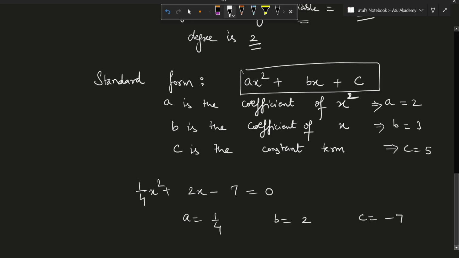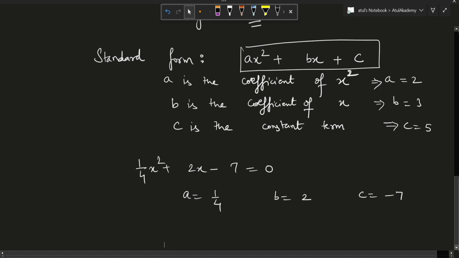What exactly is the relationship between these zeros and the coefficients? The problem that we discussed to find the zero was a linear polynomial, but in a quadratic polynomial, as the degree is 2, the zeros will also be how many? It will be 2.